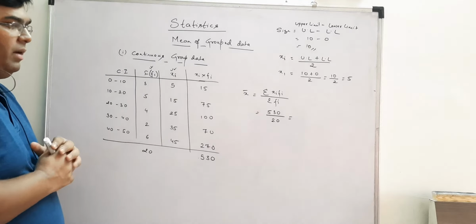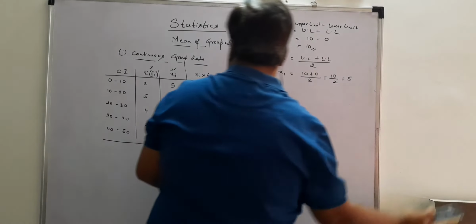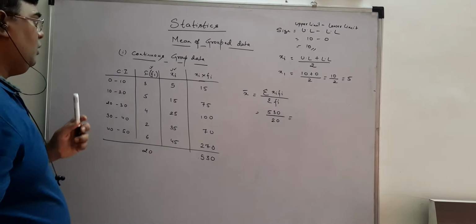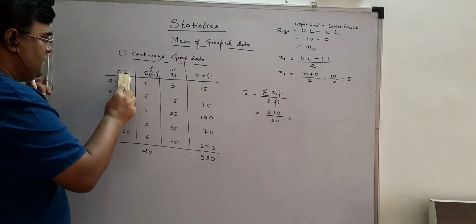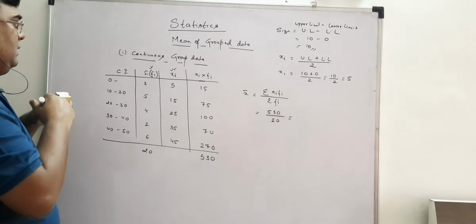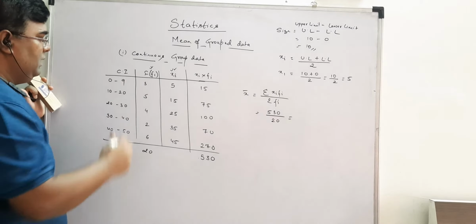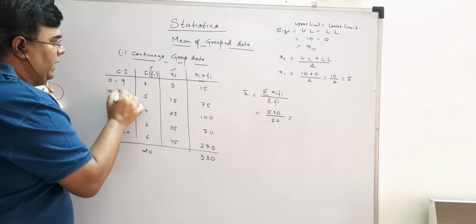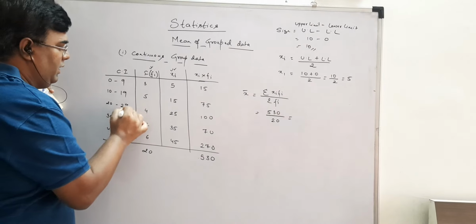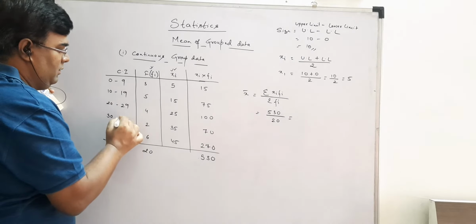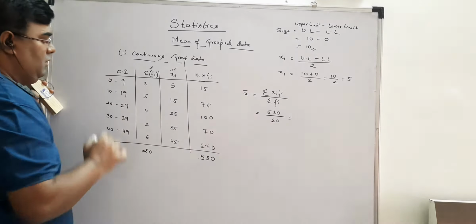Now what if my data is not continuous? For example, let's make it 9 here, 10 to 19, 20 to 29, and so on.